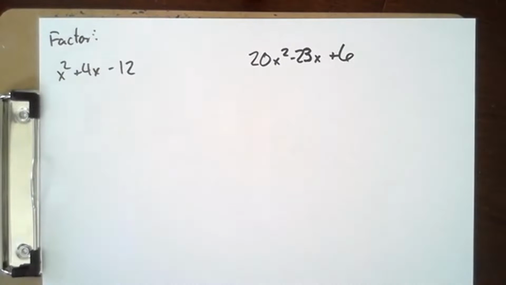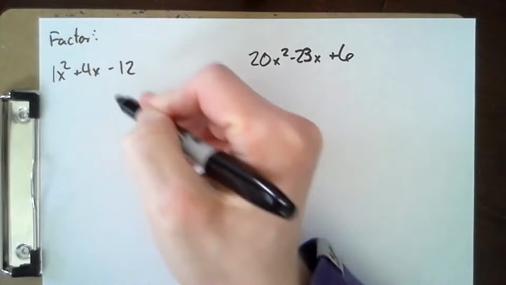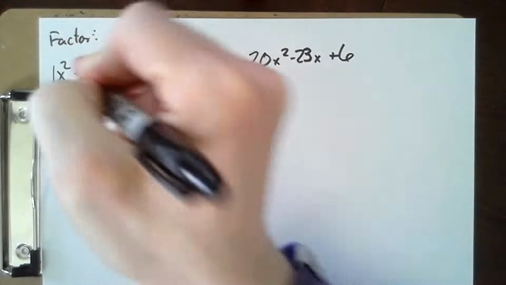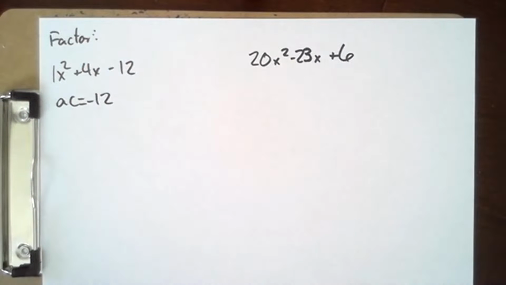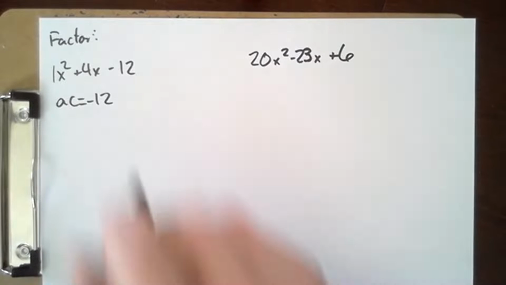So we'll start with x squared plus 4x minus 12. We've already got it in the form we want. We multiply a times c. Here a is 1 and c is negative 12, so we get ac equals negative 12. We find two numbers that multiply to ac and add to b, which is 4.